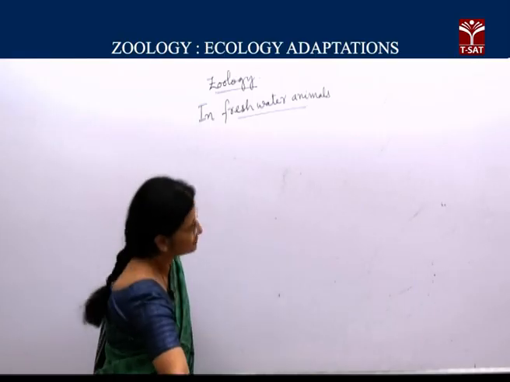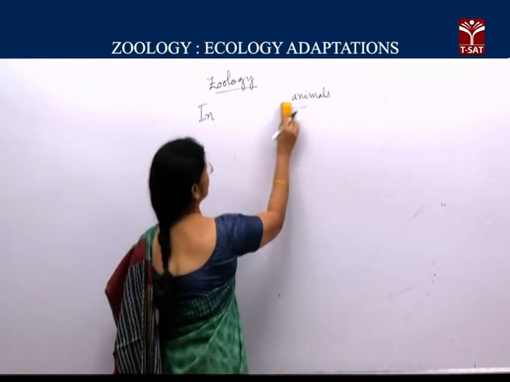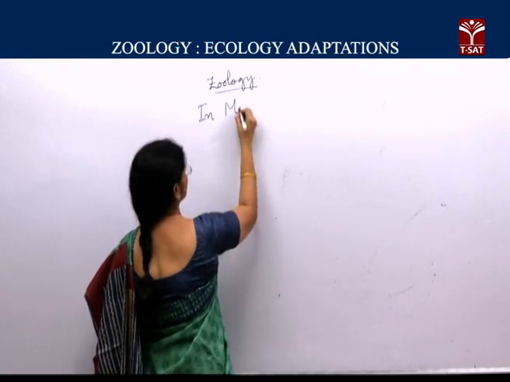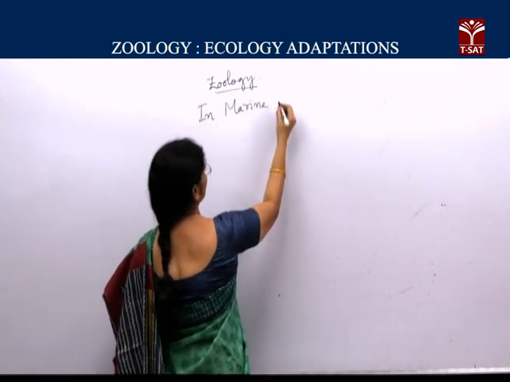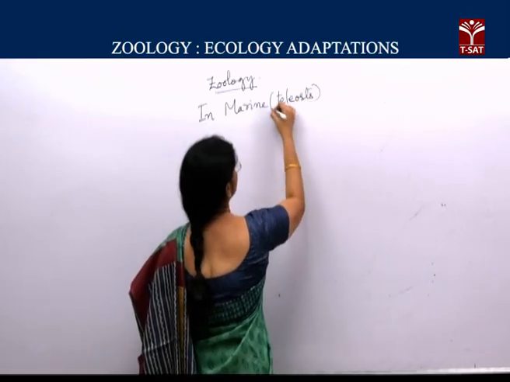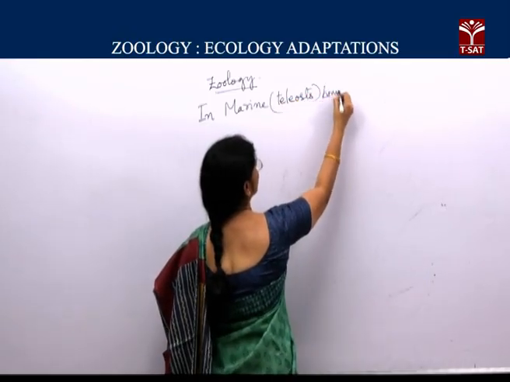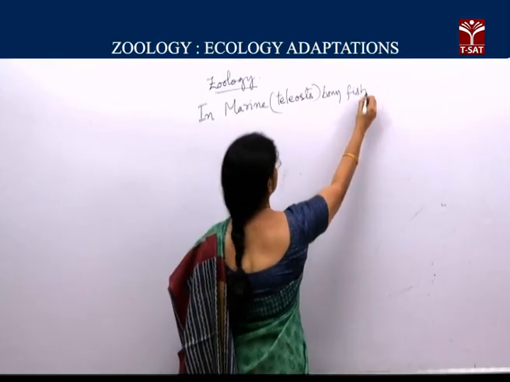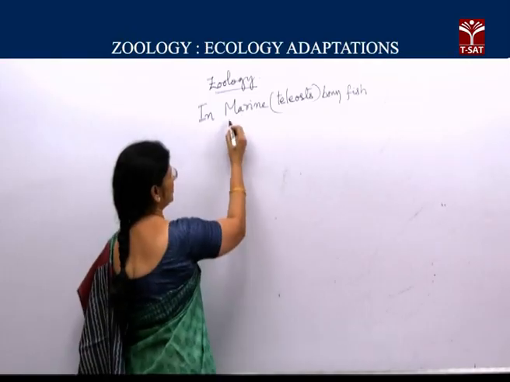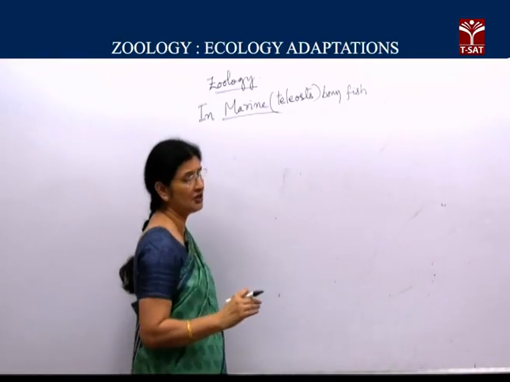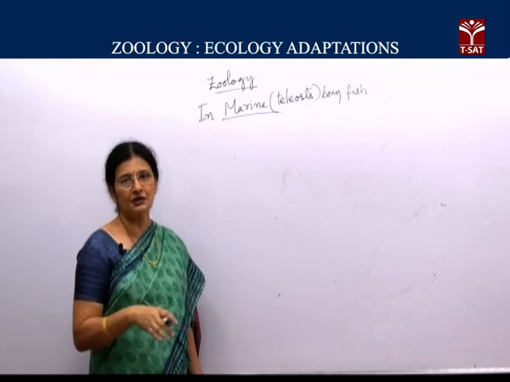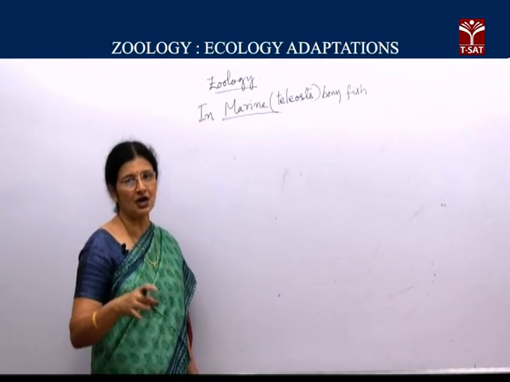And in case of marine animals, mainly marine teleosts, that is bony fish, they face the problem of exosmosis because body fluids are dilute, hypotonic, and surrounding seawater has more salt content.